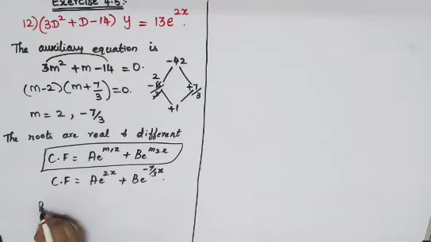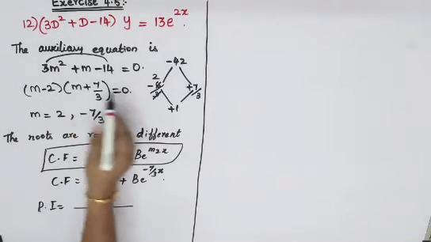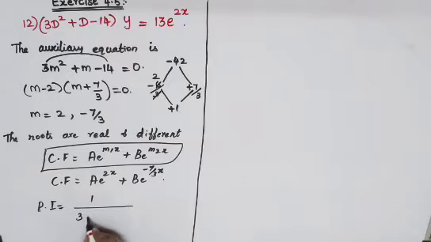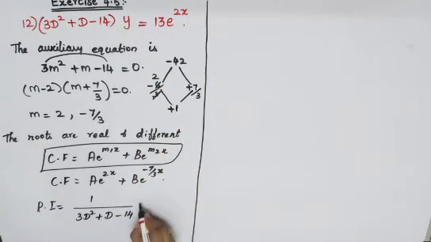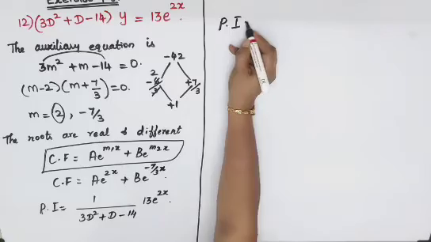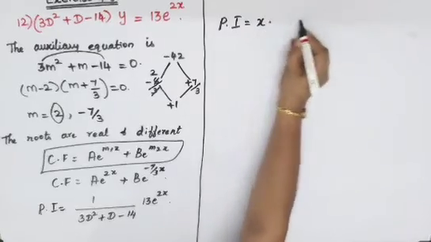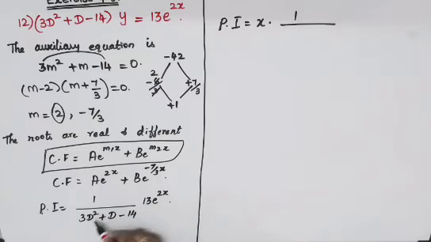Next we'll have to find PI. So PI is equal to 1 divided by, your question asks it is leaving out your y. Okay, so it is 3D square plus D minus 14. 13 e power 2x they have given towards your right hand side. So bring that 13 e power 2x. PI is equal to x into 1 divided by the differential of the denominator 3D square.